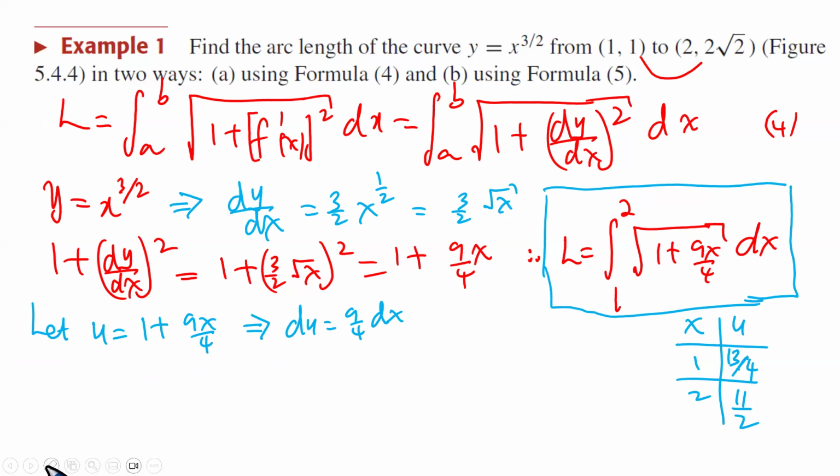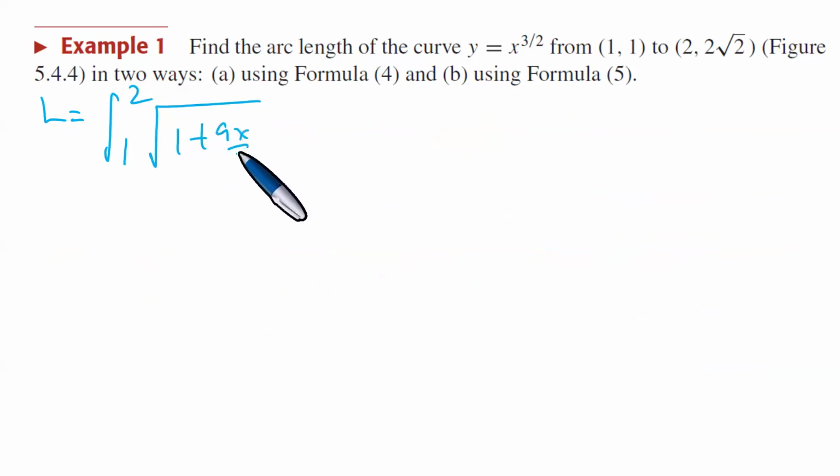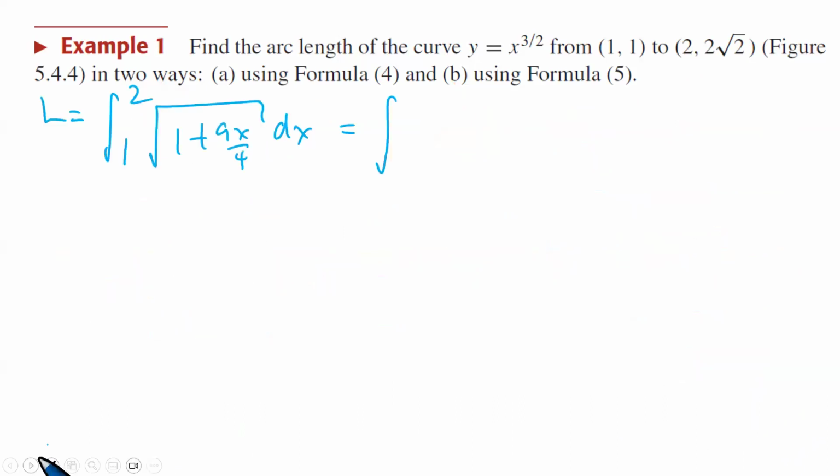So now we already have the integral from 1 to 2. So the arc length is this one, which is the square root of 1 plus 9x out of 4 dx. And we've already seen that here, if you integrate from 1 to 2, it's the same as integrating from 13 out of 4 to 11 out of 2.